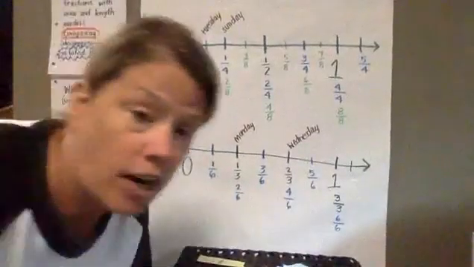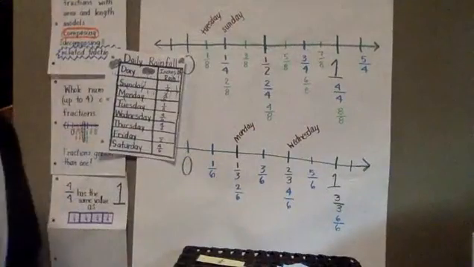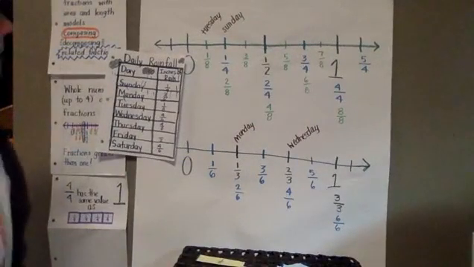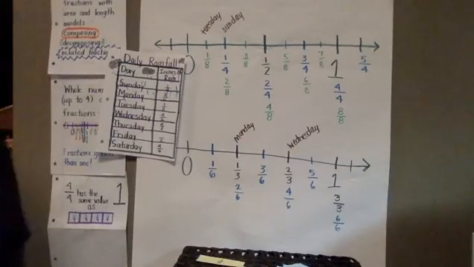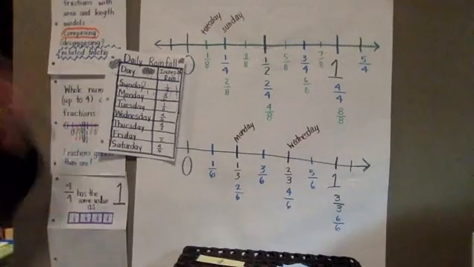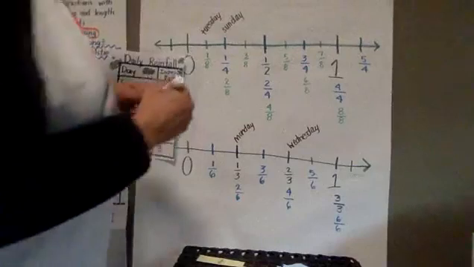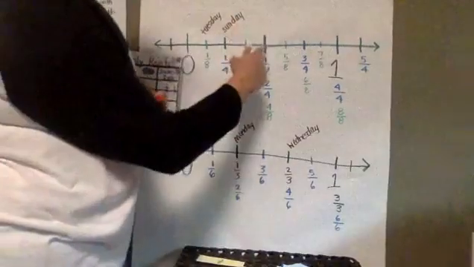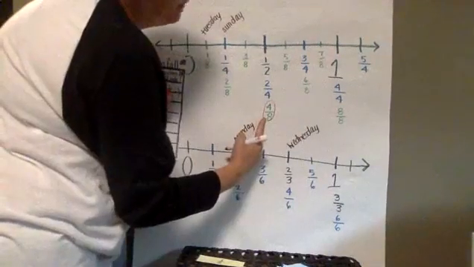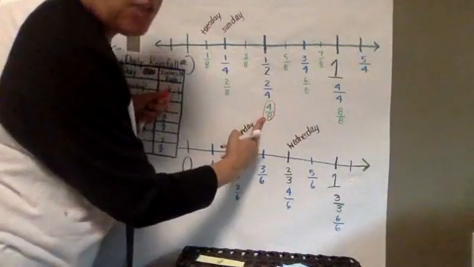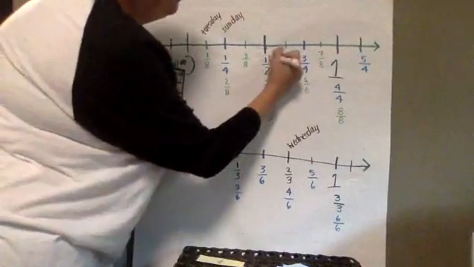Good detective work. So, if we were going to label that on our number line, this is our next question. I'm going to use a red for this one. We're looking at Thursday and Friday. On Thursday, there was 4/8. And if we're looking for the same value as 4/8, what do we see? 1/2.